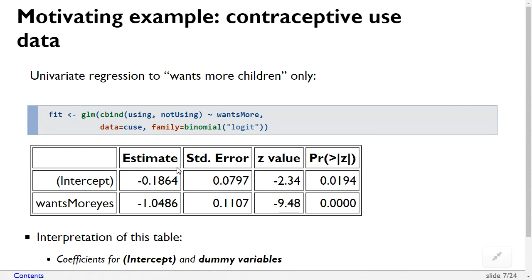What's a 1 unit increase in the predictor? The predictor is whether or not the individual wants more children. Wait, we're still on the intercept. Okay, intercept. Yeah, what's the intercept? What's that minus 0.18 mean?